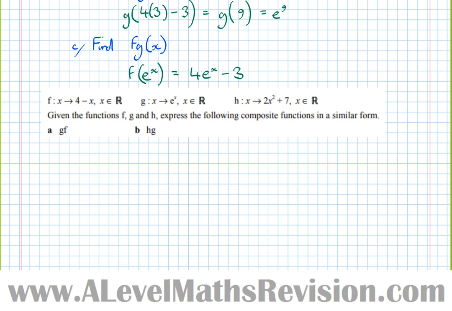From last week, we saw that this notation means f of x equals 4 minus x, that g of x equals e to the x, h of x equals 2x squared plus 7. So have a go at those. As I say, a couple of minutes is all it'll take you.